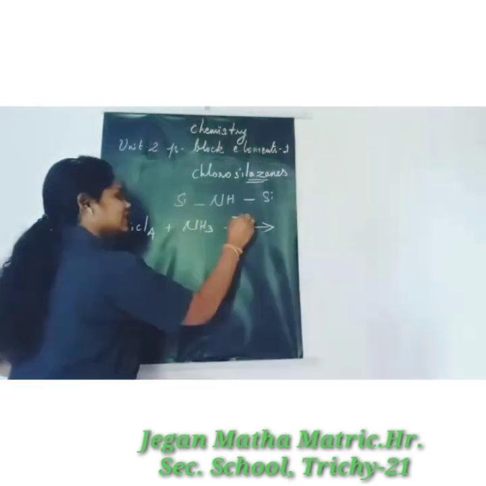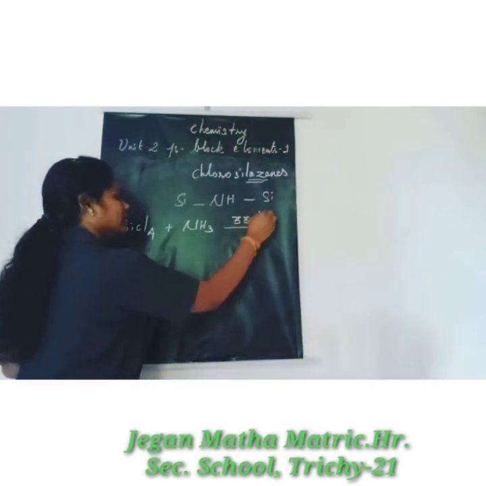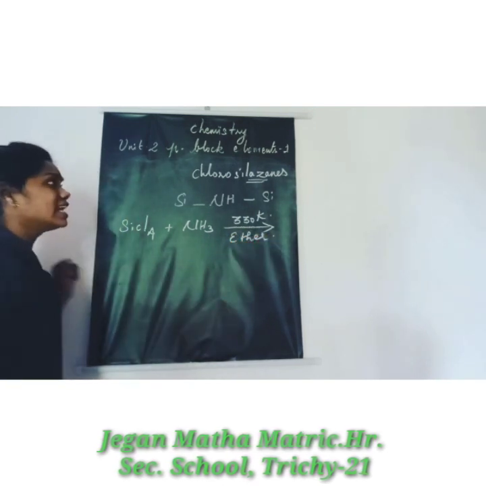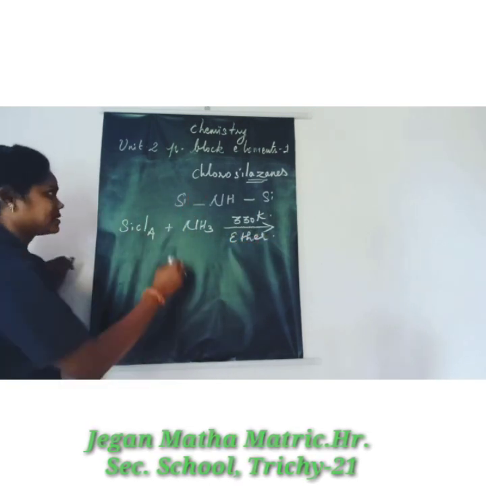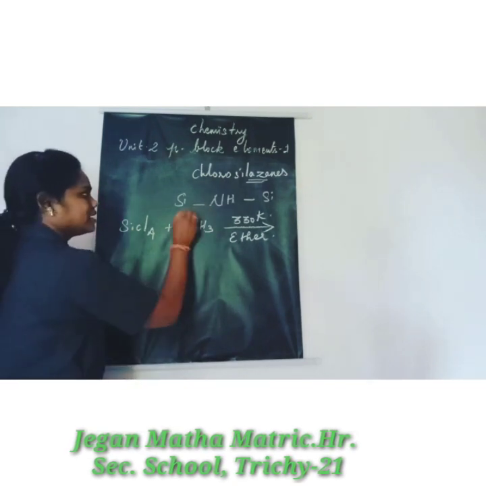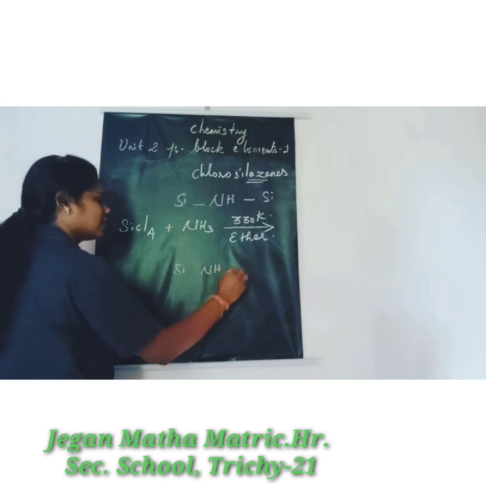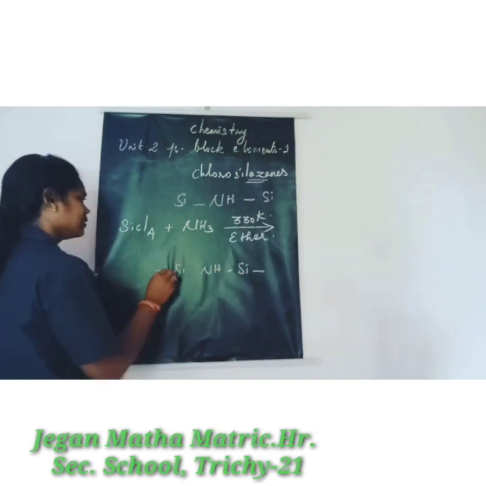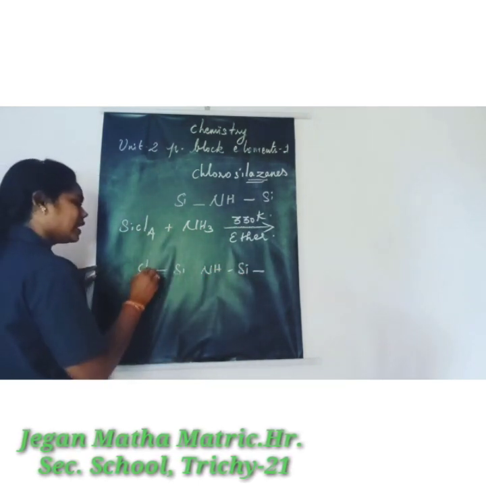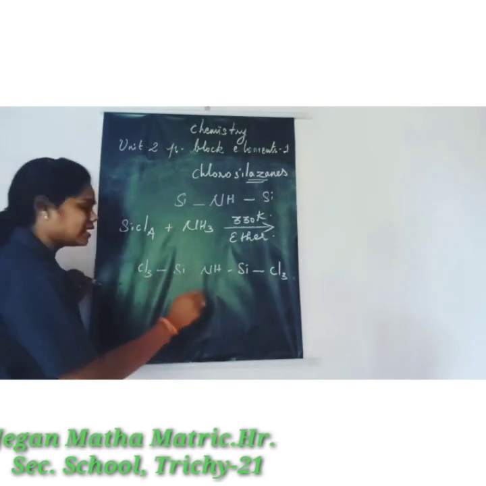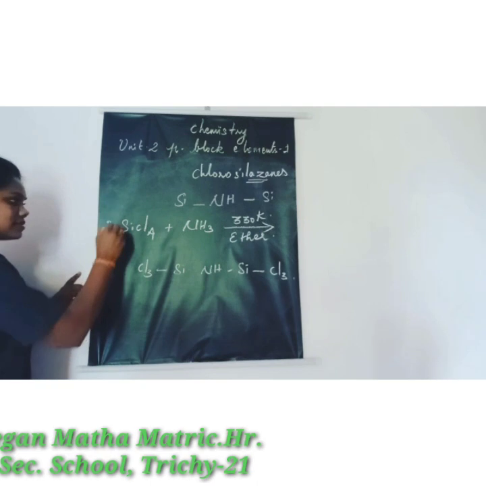Heated at 330 Kelvin in the presence of ether. It gives chlorosilazanes. That is, first we write the functional group Si, NH, Si, then here Cl 3 times and here also Cl 3 times. So that is chlorosilazane. So here 2 times is taken.